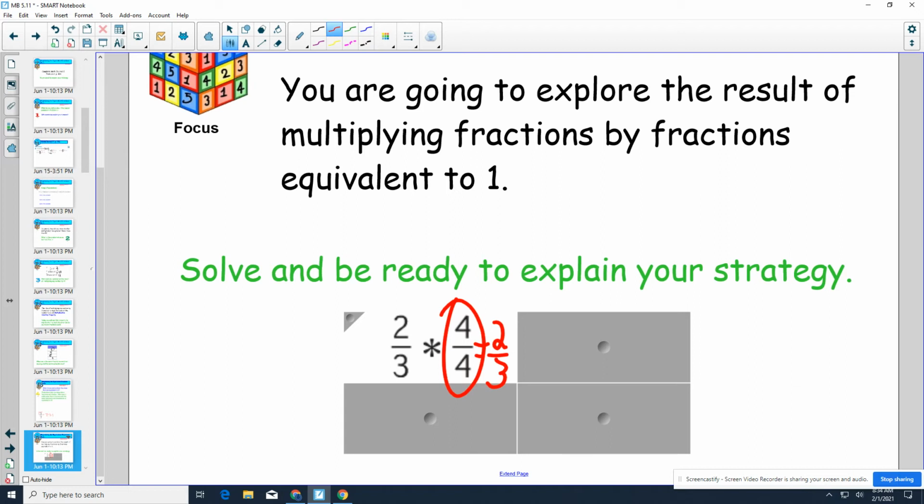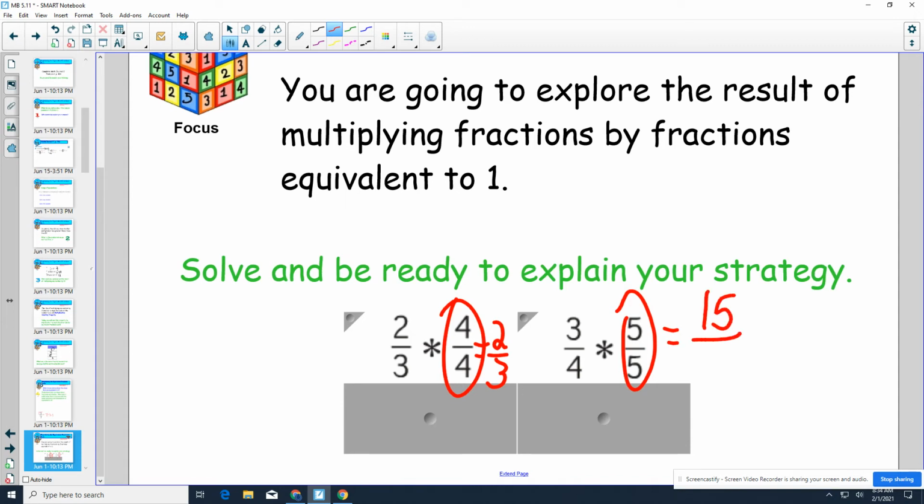Now you could multiply across and get 8/12, and then simplify it. Again, same thing here. I see 5/5, so I know it's equal to 1 whole. I could multiply across and say 15/20, or because I know I'm multiplying 3/4 by a fraction equal to 1, I could simply say 3/4.